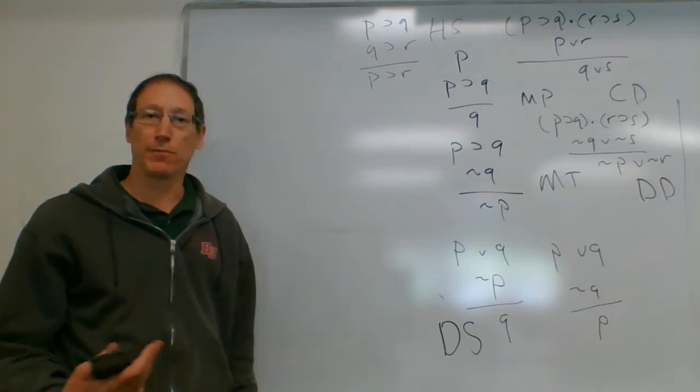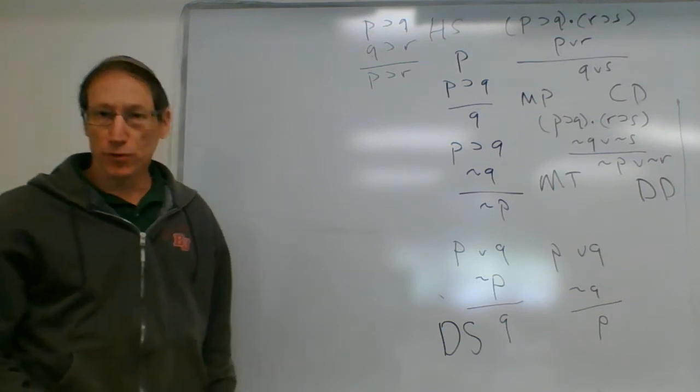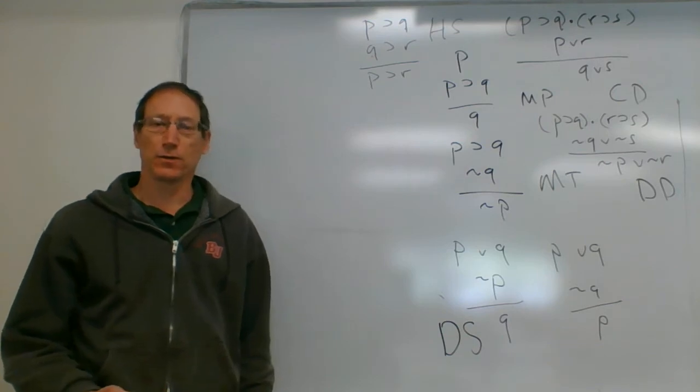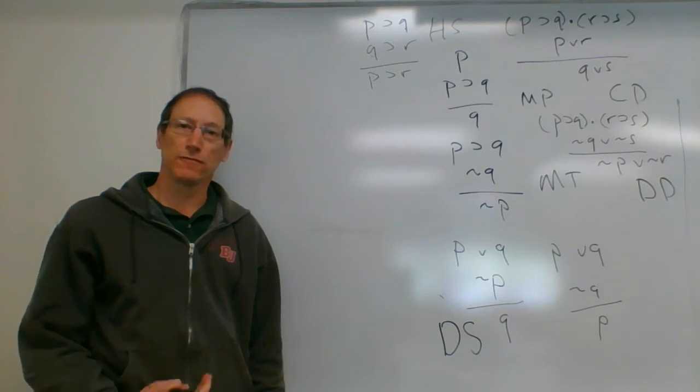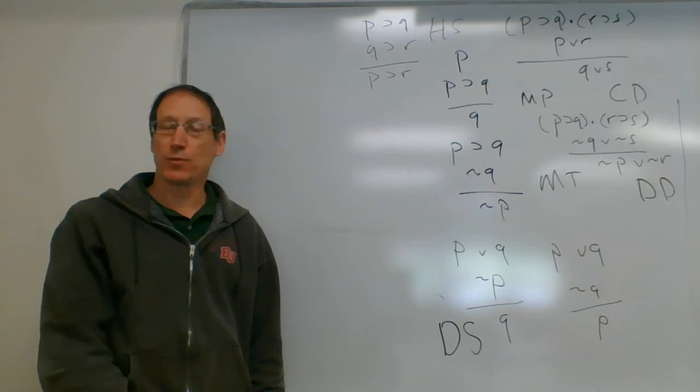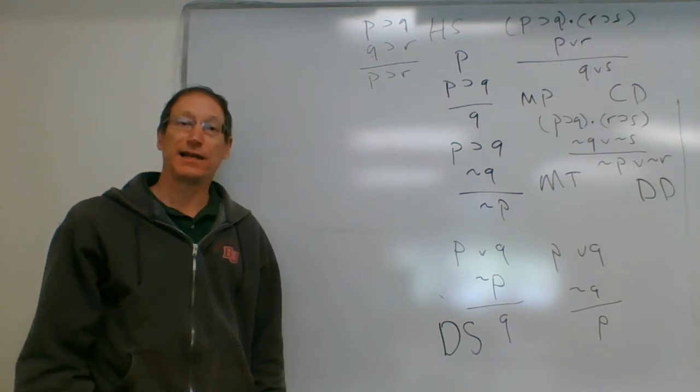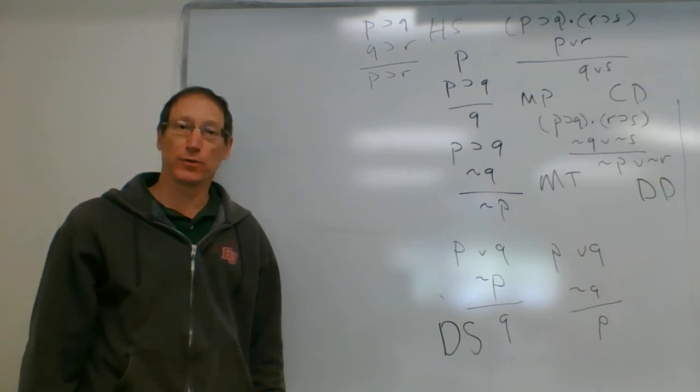So we're going to define a proof. A proof in symbolic or propositional logic is a series of steps in which you start off with premises and there's some last step, which is the conclusion, and in a valid proof, in a good proof, each step is justified by a rule.